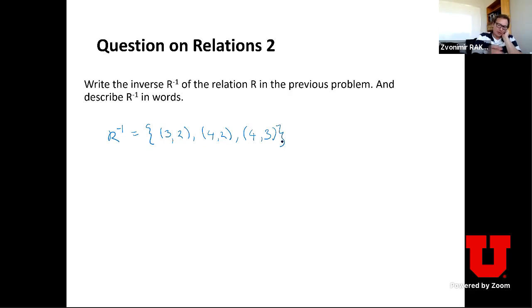And to describe it in words, R to the -1 matches the greater than relation, which kind of makes sense. So if R was less than, then it makes sense that R to the power -1 is greater than. Any quick questions about this?